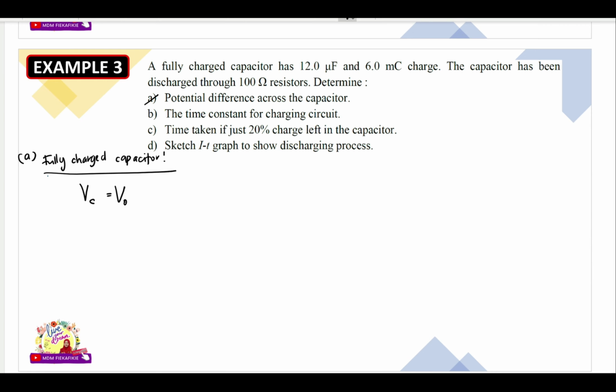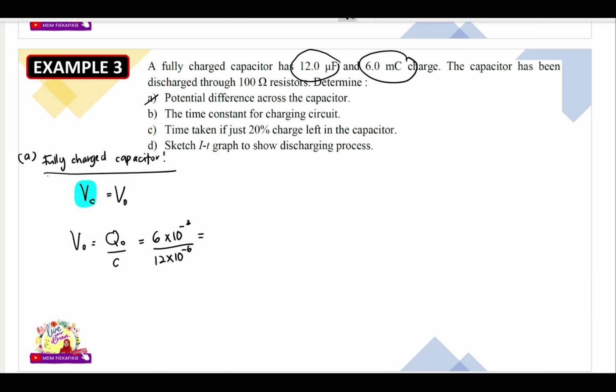Okay, so sebab kita nak kira VC ni, tapi VC kan sama dengan V0, so kita boleh masukkan formula V0 is equal to Q0 over C. Okay, so bila masa dia fully charged tadi, dia ada 6 millicoulomb, over capacitor is given 12 microfarad.